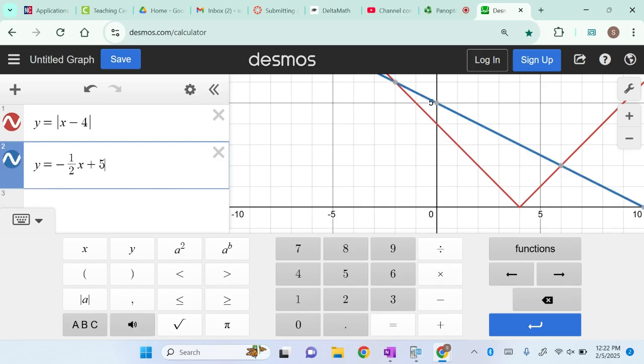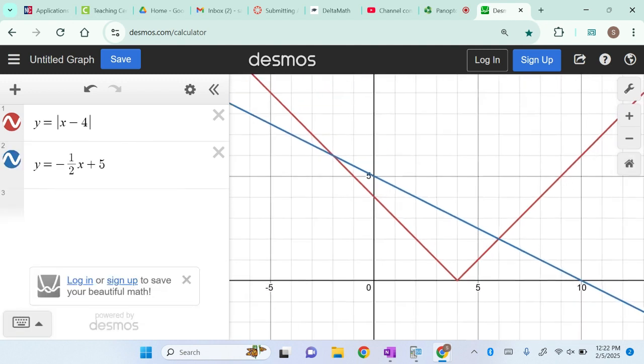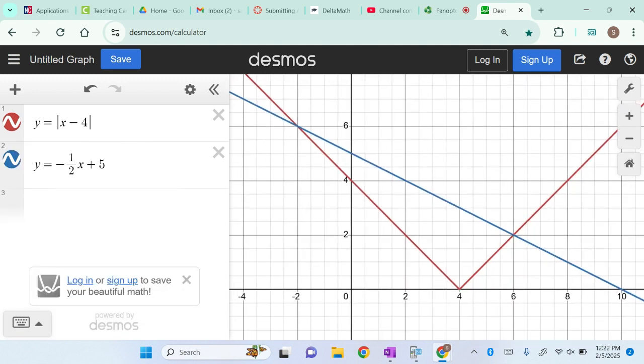So we're graphing our two lines here. Now, if we were just solving this as an equation, where would our answers be? Recall yesterday, what would you be looking for? Where the two lines intersect. So here and here.